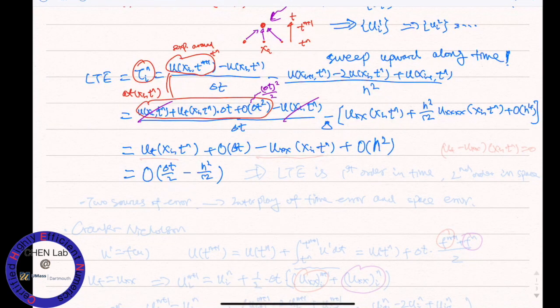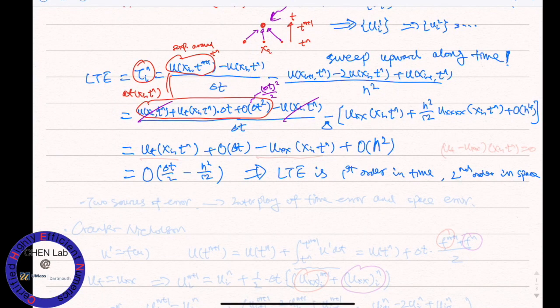So which means the local truncation error is first order in time and second order in space. In space, regarding h it is h squared, so second order, but for time it is first order.